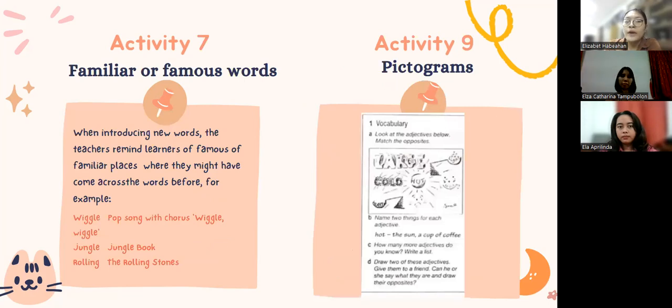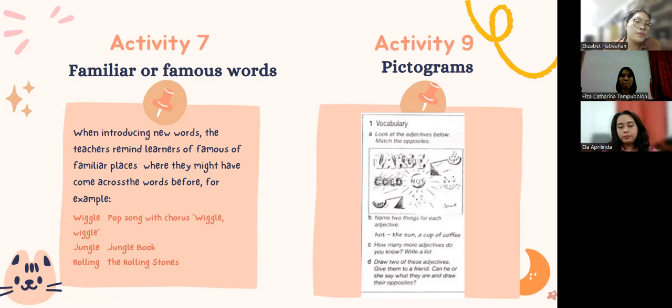Activity 7 is familiar or famous words. It's about songs, recalling popular songs and repeating the lyrics. The lyrics of a song really help students practice their ability to remember and predict the meaning of the words.